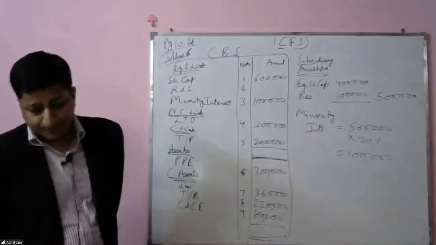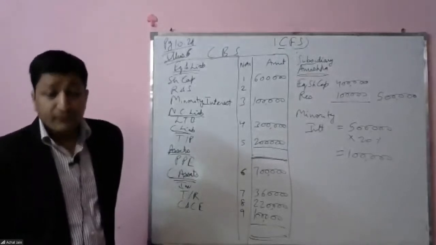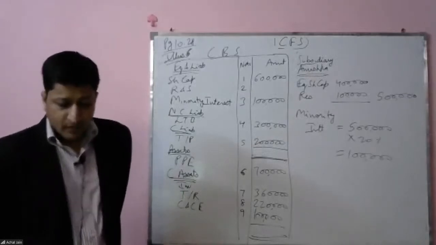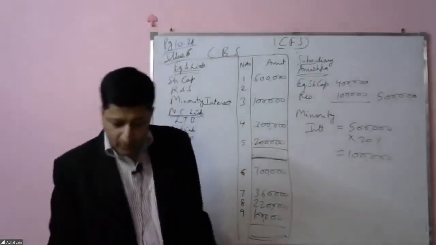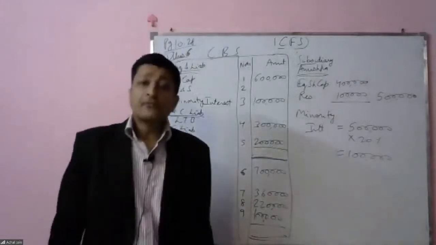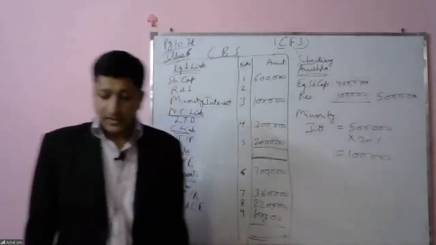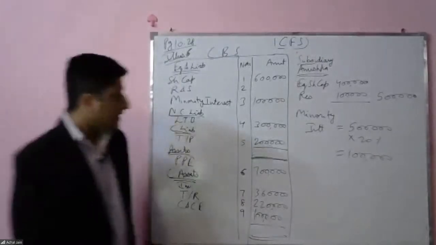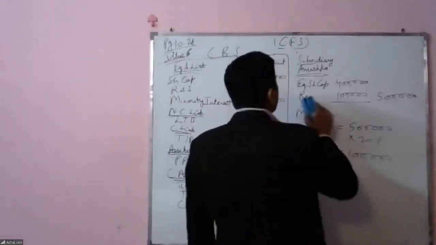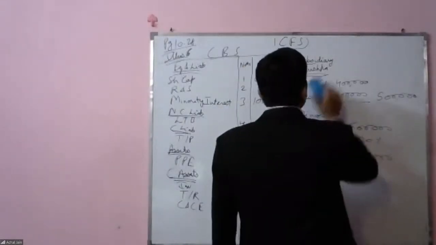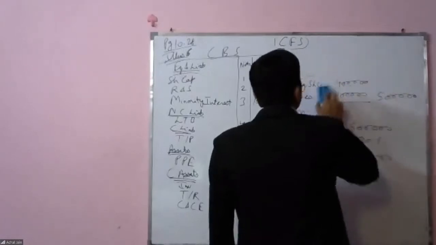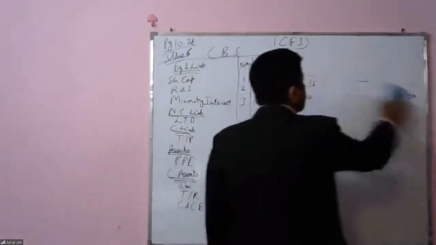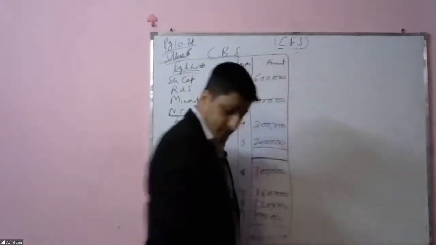Now, if we look at the share capital and reserves, for the purposes of computation of minority, we could do it very easily. But for the purposes of holding company, we also need to get into the computation of goodwill or capital reserve. So that's why we will now apportion some part of this to pre-acquisition and some part to post-acquisition.